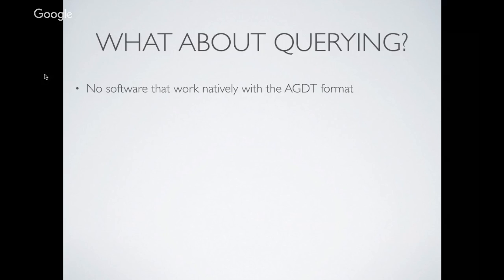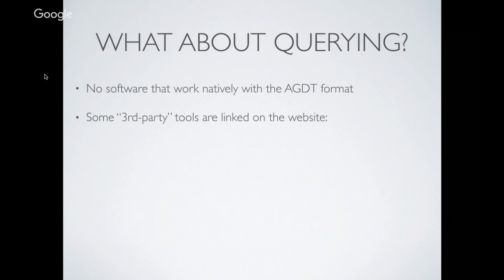Well, the short answer to that is that we have no software that works natively with the AGDT format, where you can go online, like you can go to Ines and query all those 700 and counting 1,000 words of annotated Greek or the Latin counterpart, or any software that you can download and can work natively with the AGDT format that I showed in the slide before.